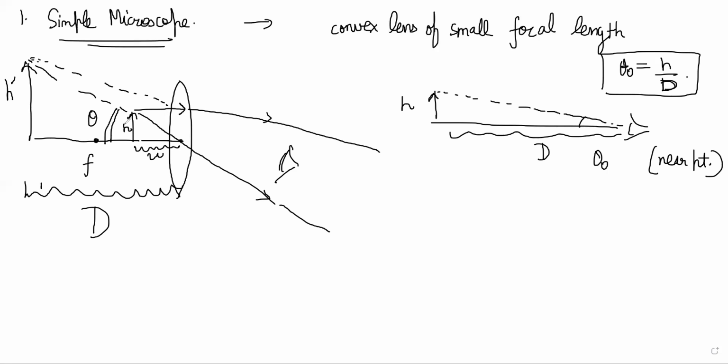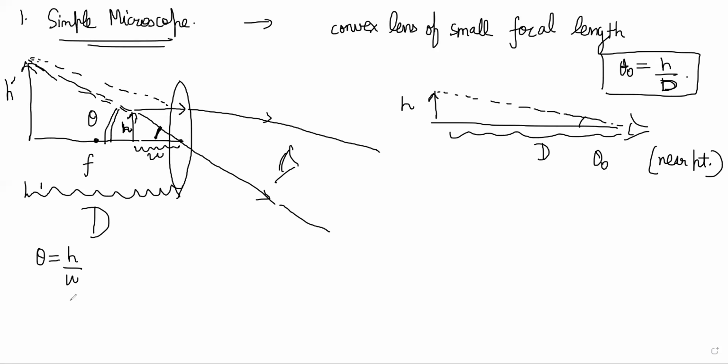The actual height also matters. So if you see the actual height, this angle is h by u. Actually, this is the same angle as that. So you can say theta is equal to h by u. It's the same angle because the same line is being reproduced here, right?